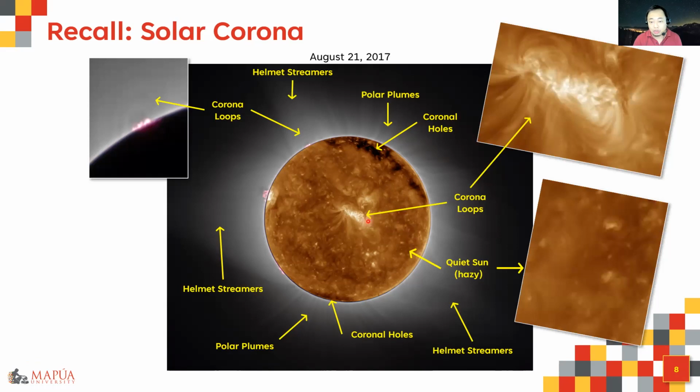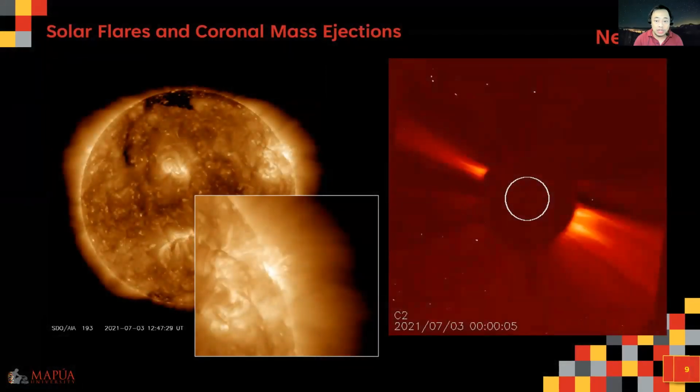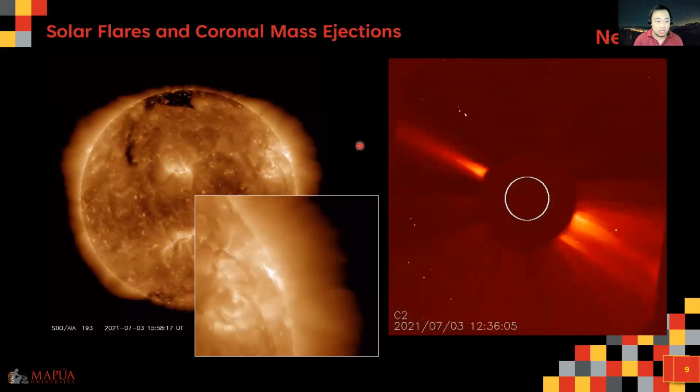Remember that coronal loops are a manifestation of the presence of active regions where magnetic fields are actually active. So from the active regions and from other parts of the solar corona, we can observe two transient energy signatures, or transient activities. We call them solar flares and coronal mass ejections.